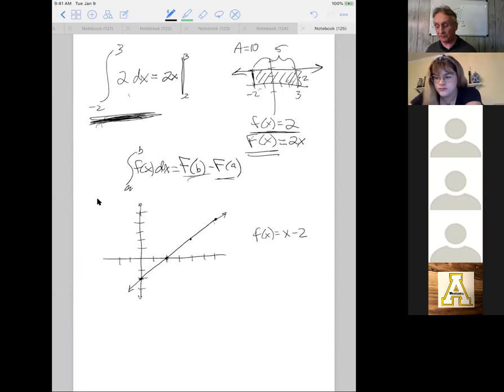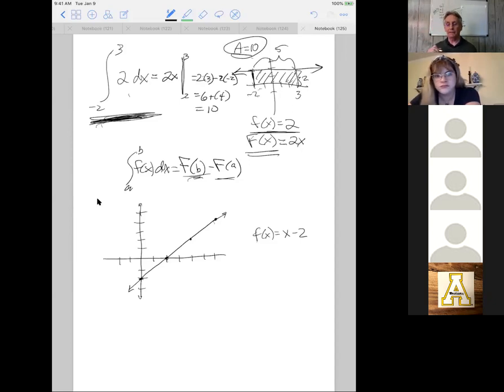That's the accepted notation. Then b is 3 and a is -2. And that equals 6 minus, that's plus 4, which gives us 10, like we calculated up here a moment ago.